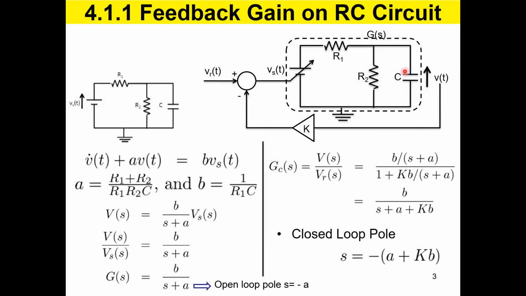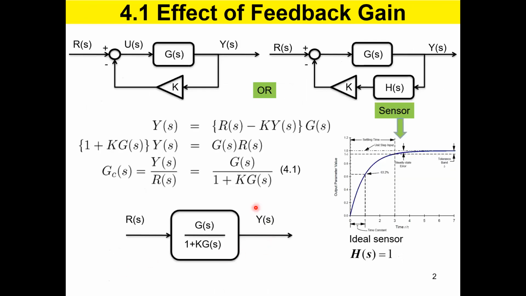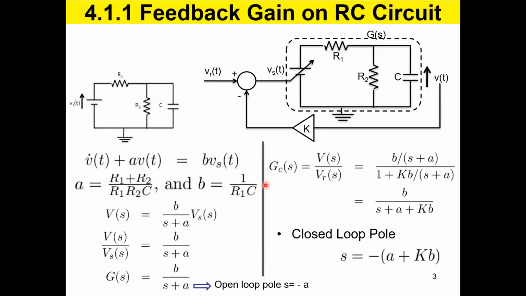The closed loop function is V over VR, and that is coming from Gs over 1 plus Kgs, as we derived earlier. This is Gs, right? B over s plus A, over 1 plus KB over s plus A. So when you simplify it, it becomes like this.